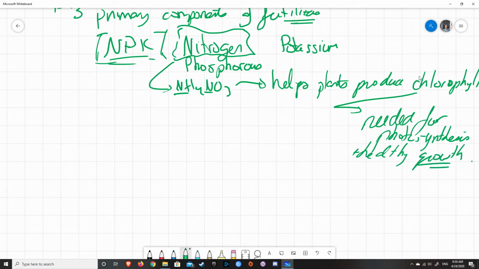So one thing leads to another: the production of chlorophyll, and plants need chlorophyll in order to grow healthily.